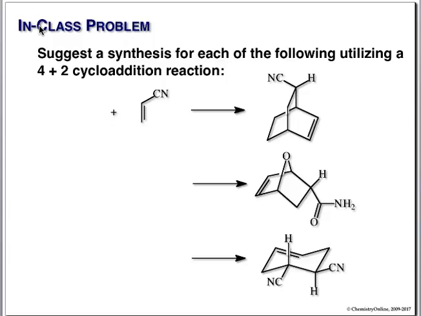Now our diene. All the rest of these carbons down here belong to the diene, didn't they? There are 6 of them, and they're in a ring. There had to be 2 double bonds, because it's a diene. And so it is cyclohexadiene.